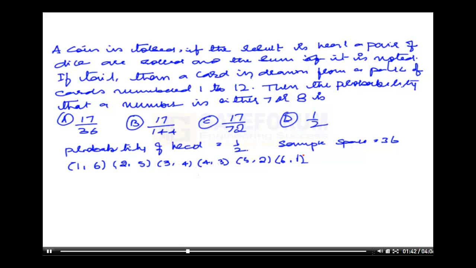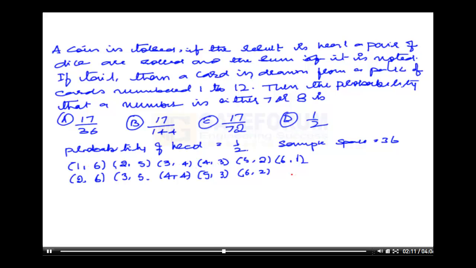Again, to get a sum of 8, it can be 2, 6; 3, 5; 4, 4; 5, 3; 6, 2. So totally 11 outcomes out of 36 where the sum is either 7 or 8.